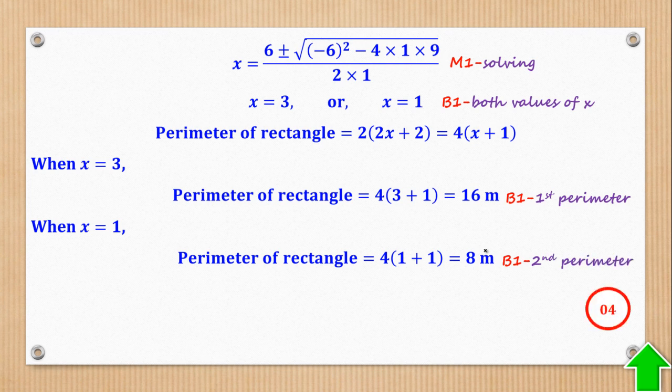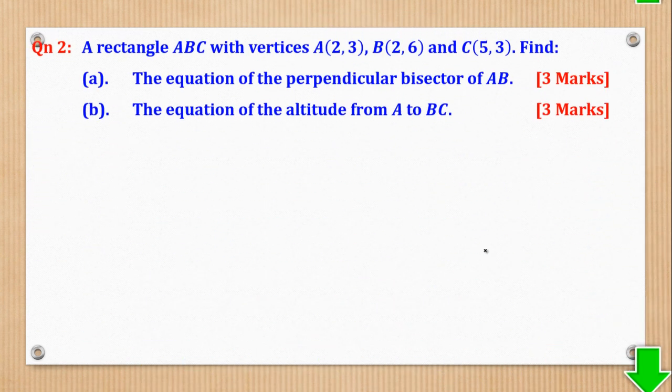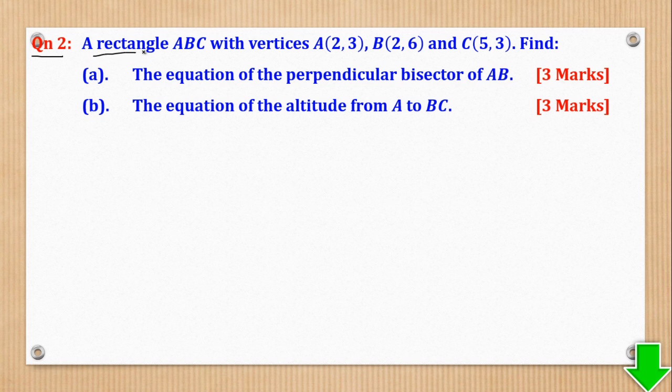Then question 2 says, a rectangle ABC with vertices these ones, find Roman 1 the equation of the perpendicular bisector of AB, and Roman 2 the equation of the altitude from A to BC. So first, we need to make a sketch.